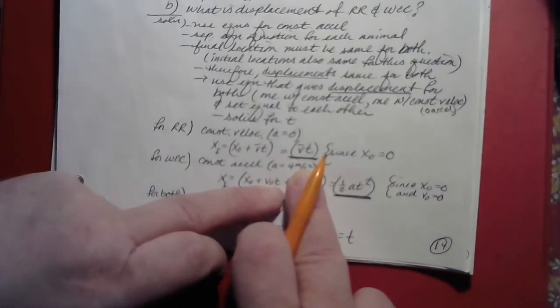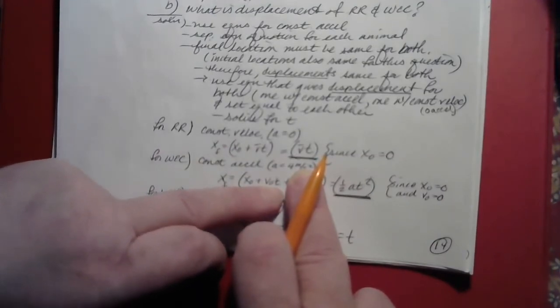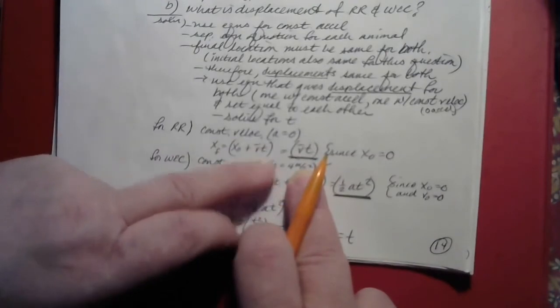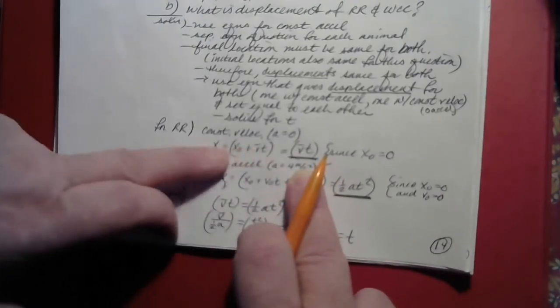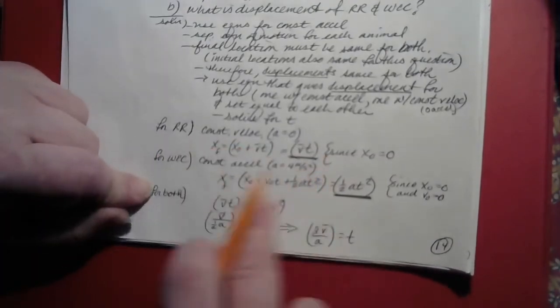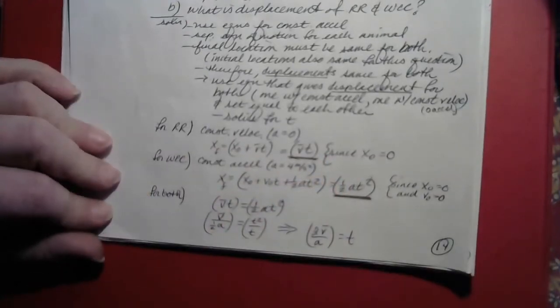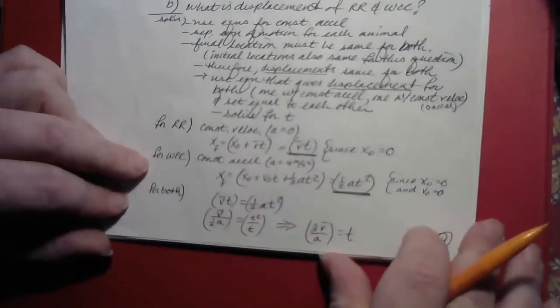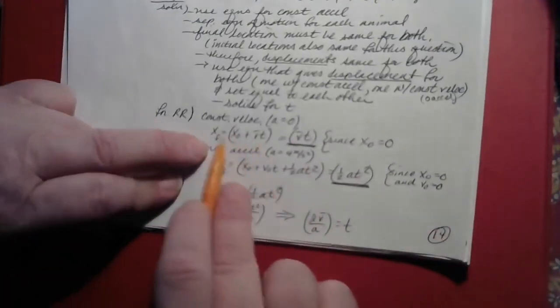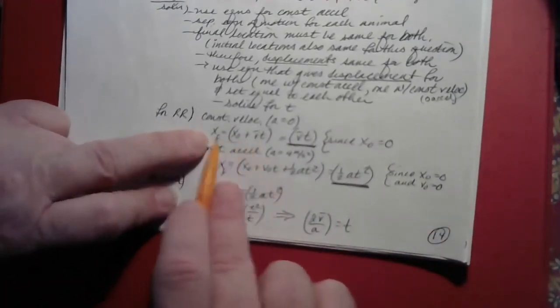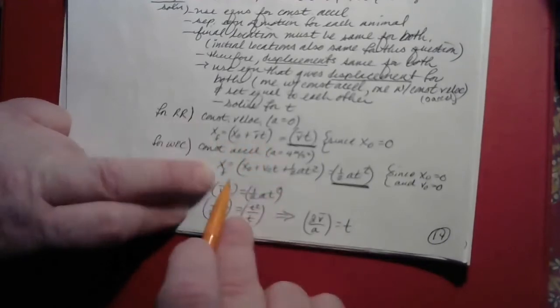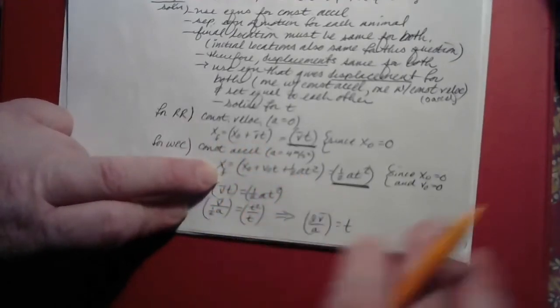But if there's no acceleration, then the original velocity is the same as the average velocity, and you can use this equation here. Or like I said, you could use this one and just put 0 in for acceleration. So that would work out the same either way. But you cannot use this equation for the coyote because he's accelerating. So you have to have something that involves acceleration.